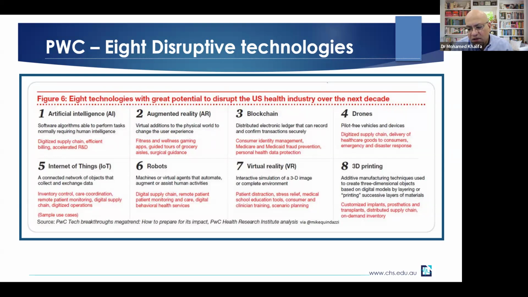which could help in supply chain, delivery of healthcare goods to consumers, emergency or even disaster response, Internet of Things, robotics, for example, robotic surgeries and Da Vinci systems, and completely automated robotic procedures, for example, and then 3D printing, like printing joints and printing small bones for implanting these small bones, like implanting teeth and cheekbones and so on.